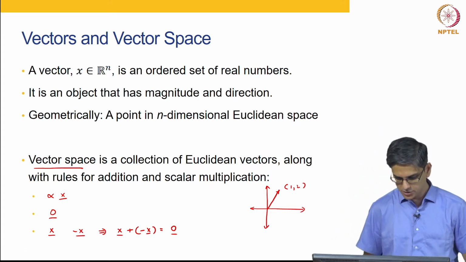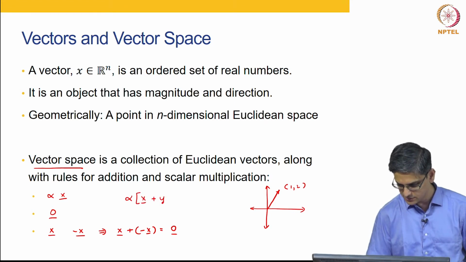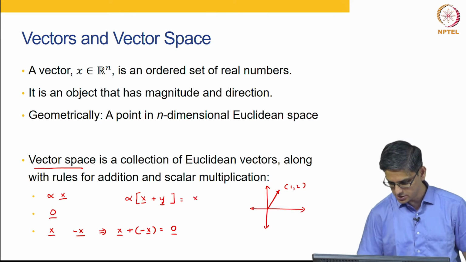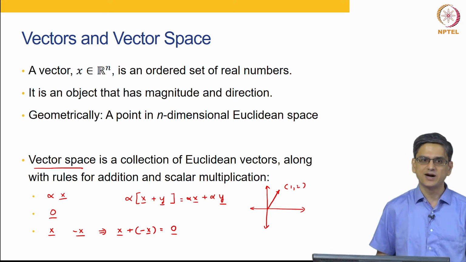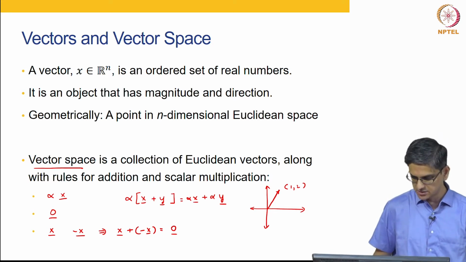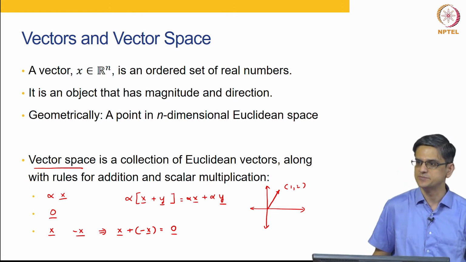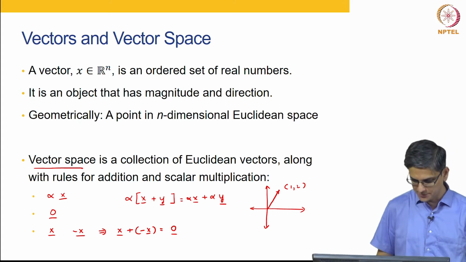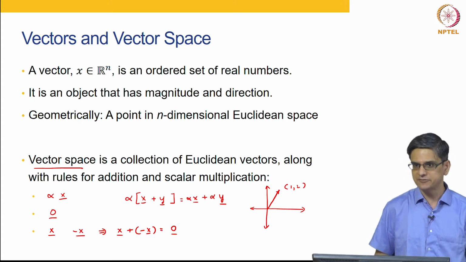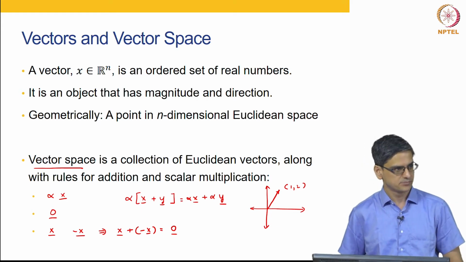You also have the multiplication of a scalar with a summation: if x bar and y bar are vectors in a particular vector space, then alpha times (x bar plus y bar) is also in that same vector space. And because y bar can be negative x bar, 0 bar also has to be in that vector space.